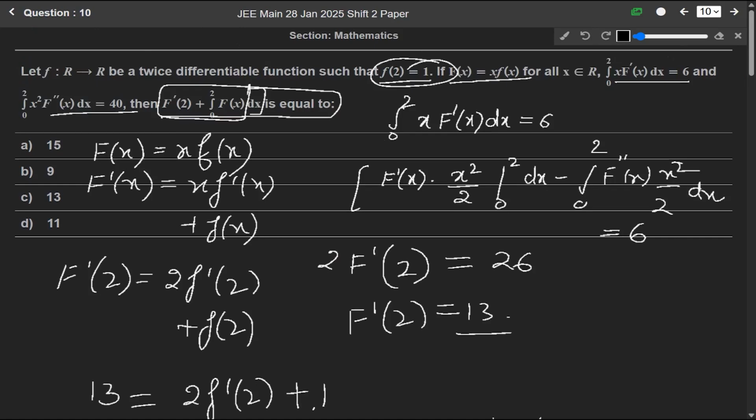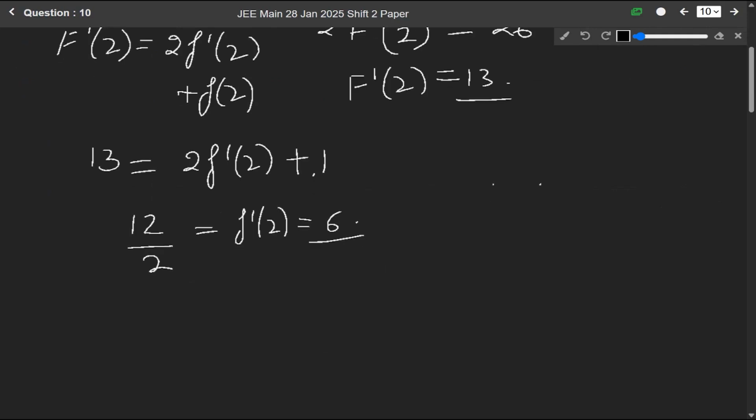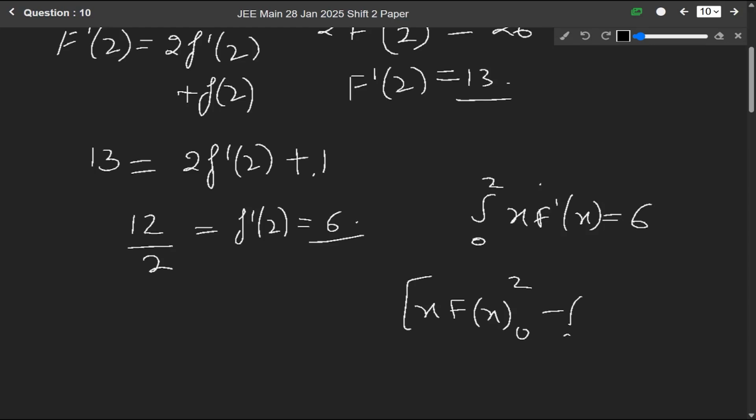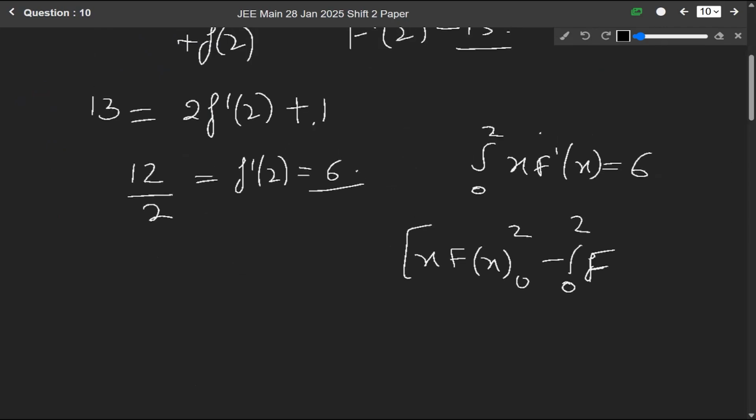Okay. So we have to find the value of f'(2) plus the integral from 0 to 2 of f(x) dx. Since we know that the integral from 0 to 2 of x f'(x) is 6, when we solve it, x f(x) from 0 to 2 minus the integral from 0 to 2 of capital F. Since this f'(x) is f(x), f(x) equals capital F(x), so we will use here capital F(x) value.